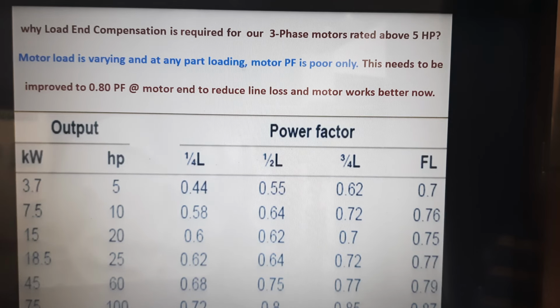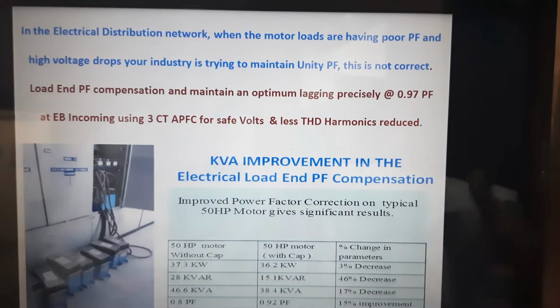So definitely this needs to be improved to a lagging power factor of 0.8 plus, that is, more than 0.80 to be kept at the motor end. Then only the line losses or the voltage drop from the incoming to the motor can be improved upon, and the motor also works better. Ultimately the motor system efficiency improves.